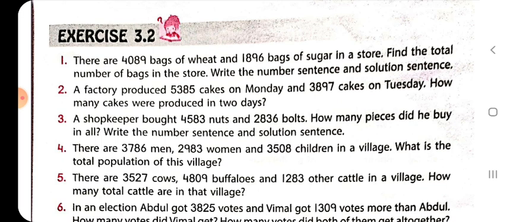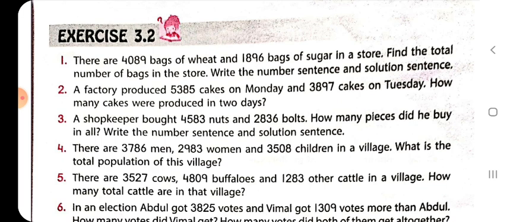So now we have to find out the total number of bags, not particularly of wheat or sugar. We have to find out the total number of bags in the store of both. That means what we have to do is addition.